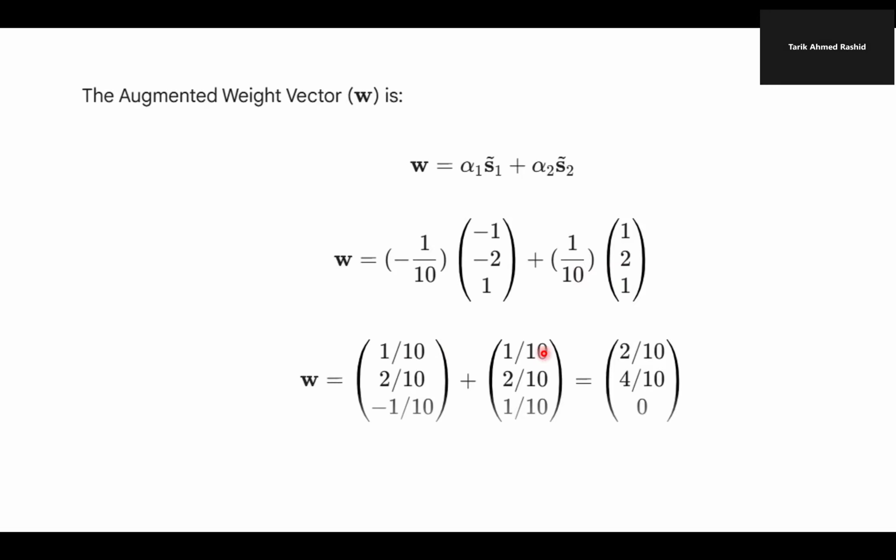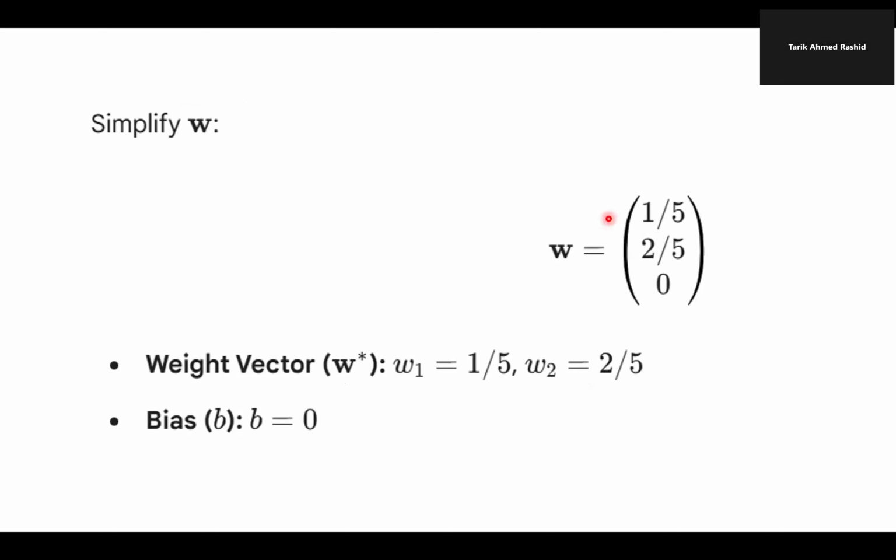Now add all these: 1 over 10 plus 1 over 10 is 2 over 10, 2 over 10 plus 2 over 10 is 4 over 10, and minus 1 over 10 plus 1 over 10 is 0. So that's our weight vector: 1 over 5, 2 over 5, 0.